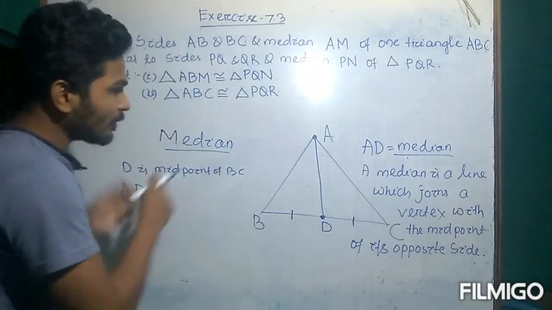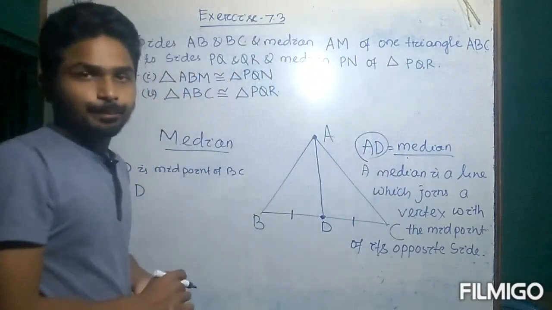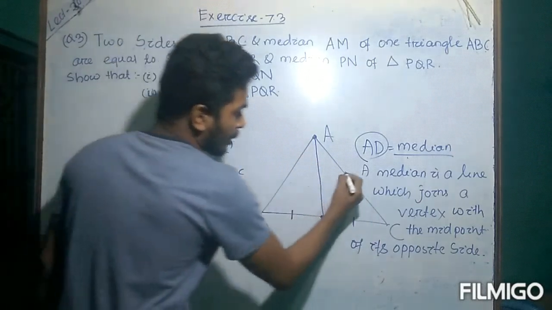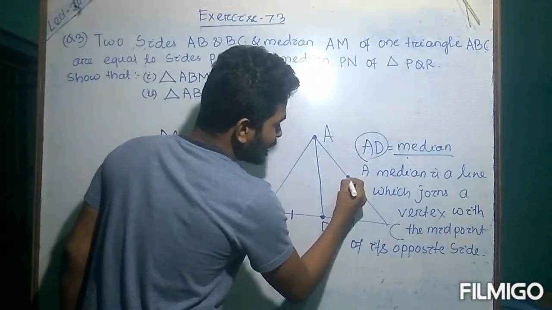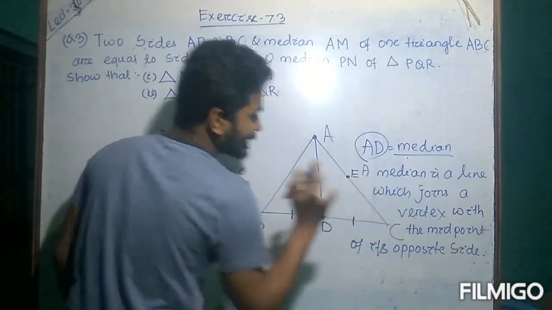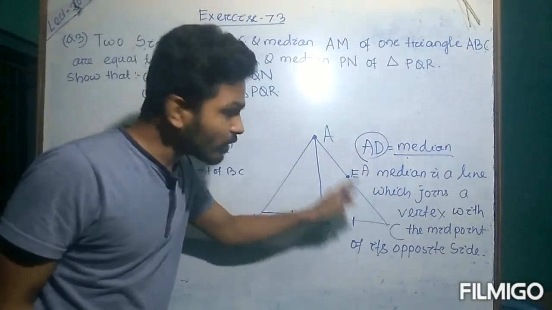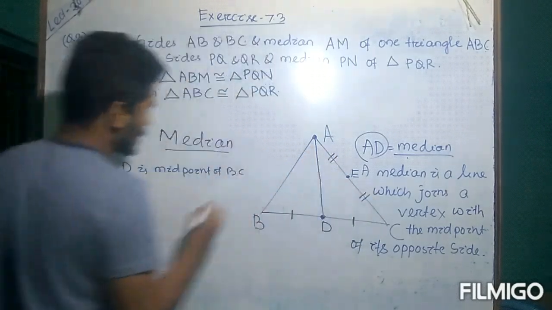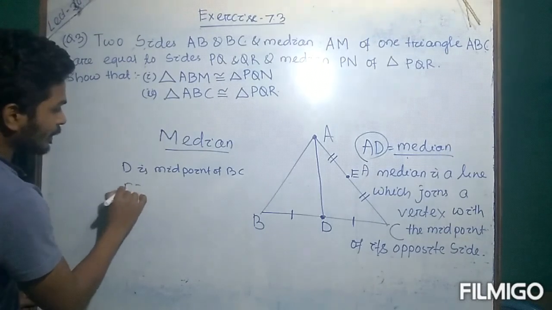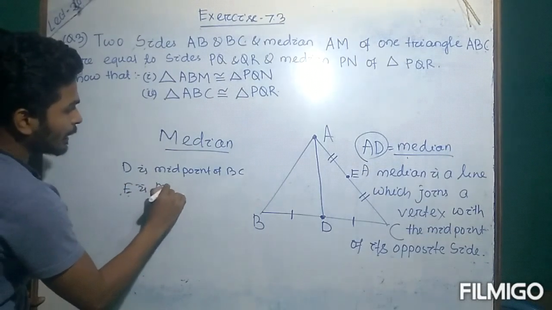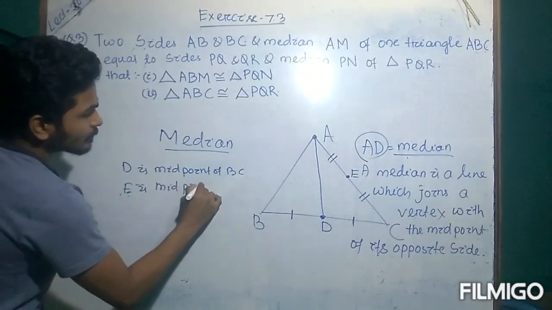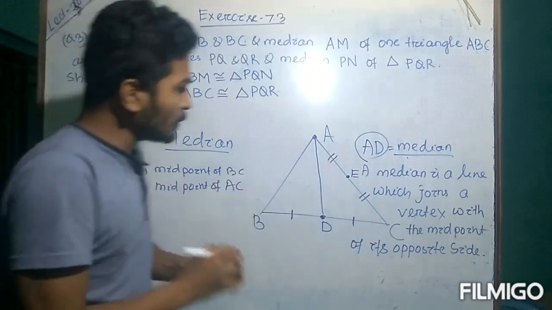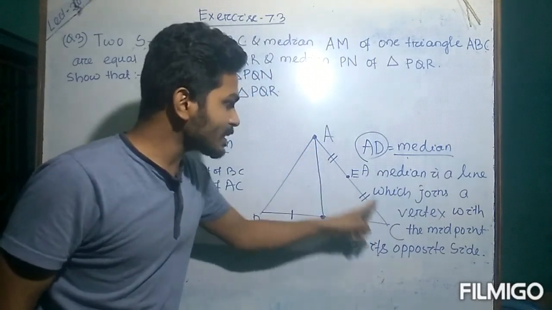For example, here we have found AD is a median. Suppose AC is a side, and E is the midpoint of AC. That means this distance is equal to this distance. Now find the opposite vertex of this side.